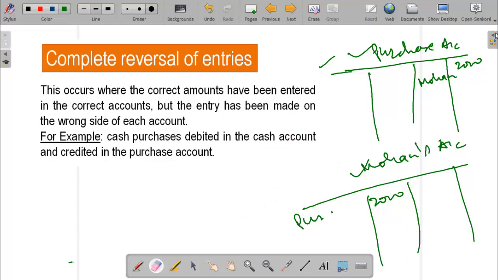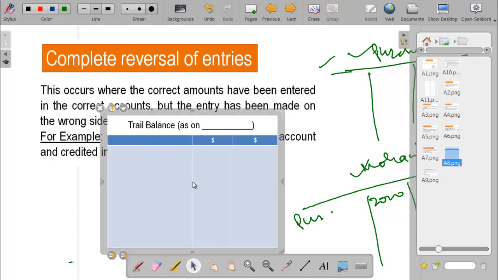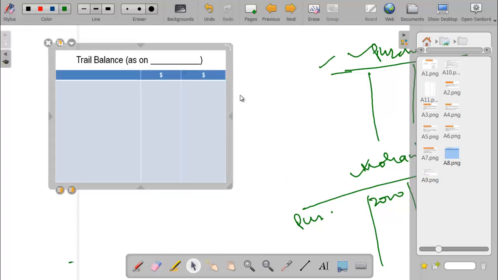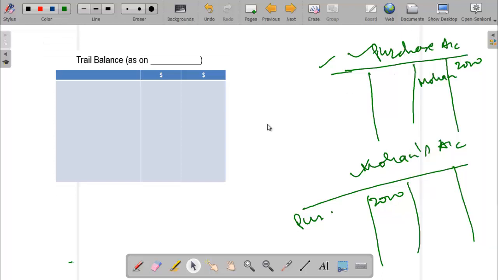If I prepare the trial balance, first I will show the accounts regarding this transaction. The purchase account is showing a credit balance, so I will show 2,000 here, and second, Mohan's account is showing a debit balance, 2,000 I will show here.